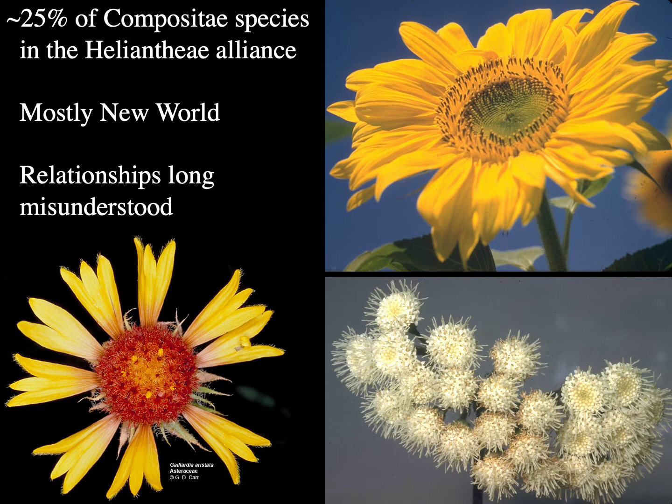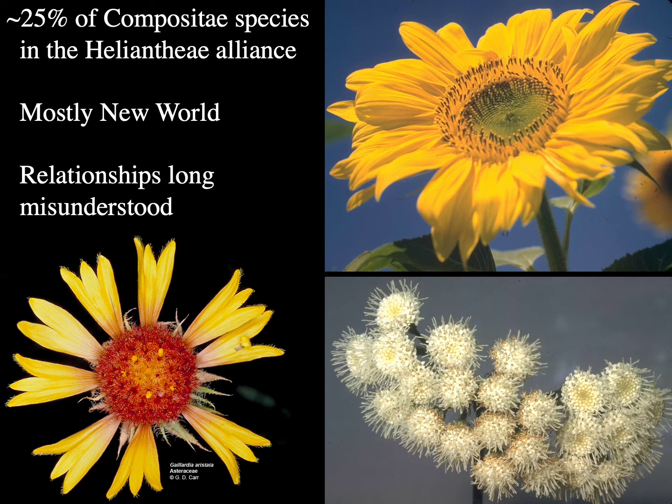There are taxa that occur widely within Eurasia and even in Africa, but these are the results of long-distance dispersal events and some lineages that have become circumboreal. But for the most part, this group is New World, with the exception of one clade that's sister to the rest that I'll talk about in a moment.